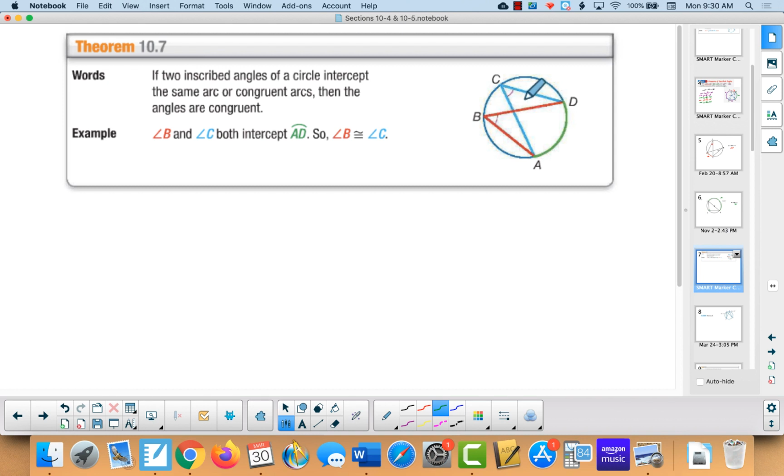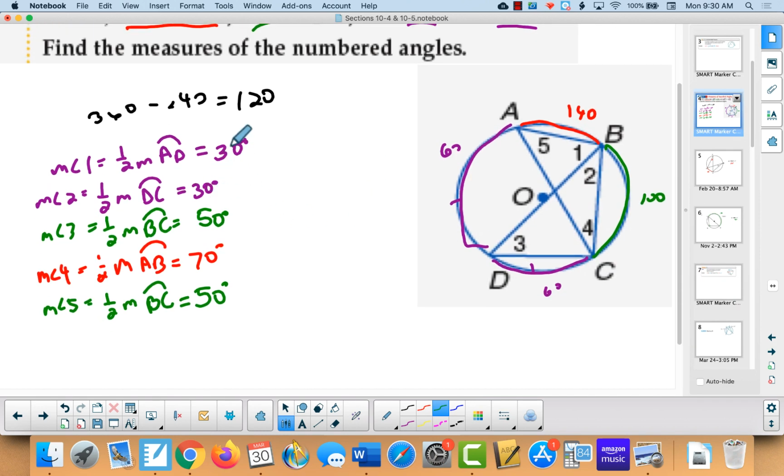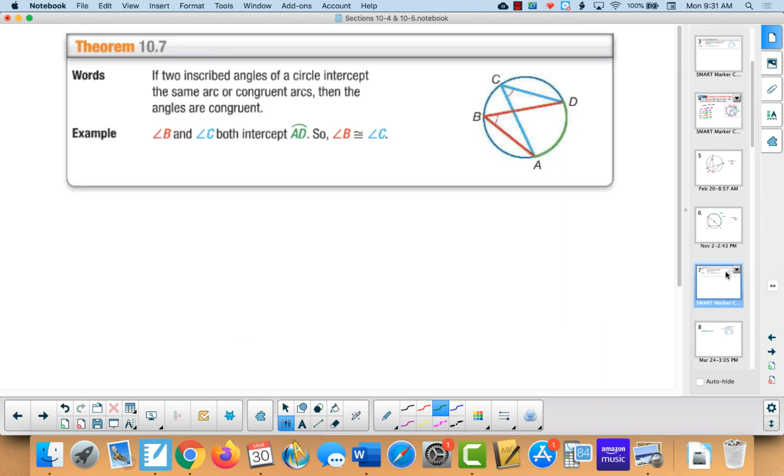So first we're going to take the idea that two inscribed angles in the same circle that intercept the same arc or congruent arcs are congruent. So that works also if you go back to this. These two intercepted congruent arcs, so they were congruent. These two intercepted the same arc, so they were congruent.